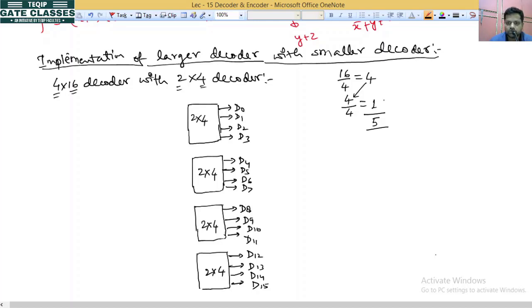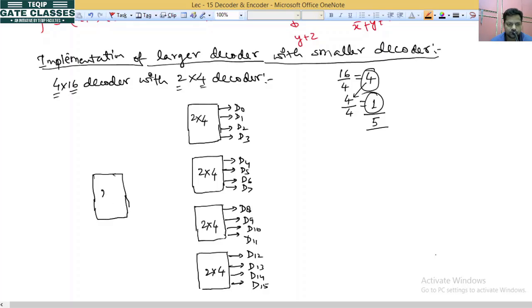Now in the next level you have only one 2x4 decoder, okay na? In the last level we have 4 parallel 2x4 decoders, and in the next level we will have only one 2x4 decoder. So make one 2x4 decoder here, okay na?